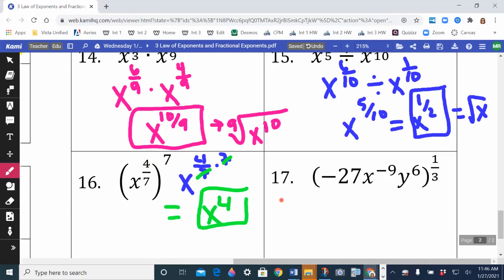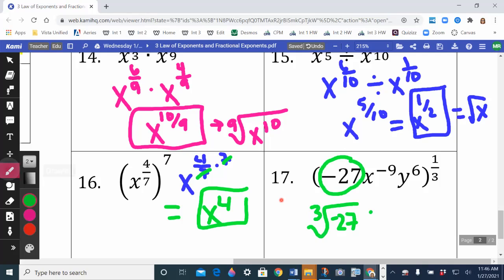Over here, I'm going to raise everything to the 1/3. What that means is I'm really doing the cube root of negative 27. I'm just going to write that so we know what that means. For my x, it's power to power, so I multiply and I get a negative 3.